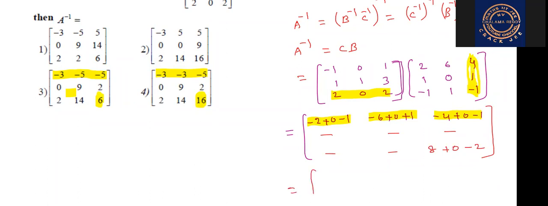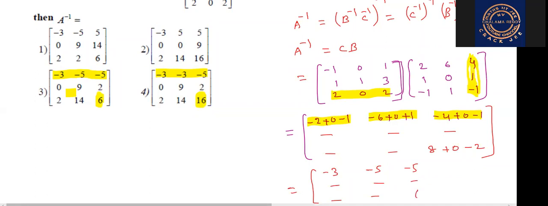Students, how much are we getting? This value is 6. The elements minus 3, minus 5, minus 5, I have not multiplied; multiply yourself. By observing that, which option is correct? Third option correct. That's why, whenever you are multiplying, observe the options and which element needs to be multiplied, then only the time will be saved. Yes or no? Right. I think all of you understood now.